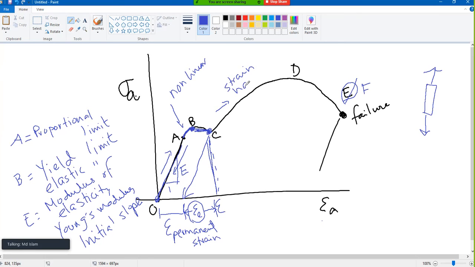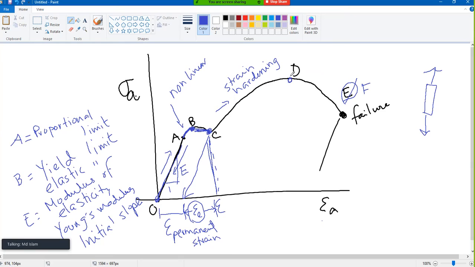If we keep on increasing the load, this portion is called strain hardening. What does strain hardening mean? It means in the plastic region, after reaching yield, the material can take more stress with more strain. The increase in the curve upward is called strain hardening.